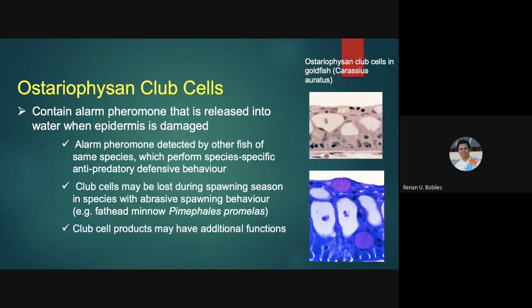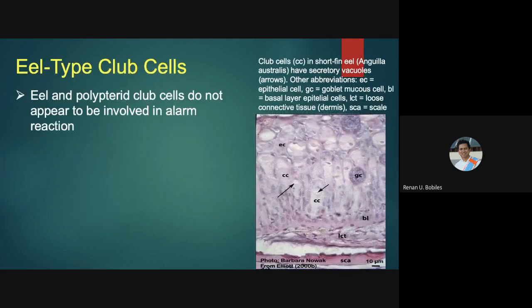Okay. The club cell products may have an additional function. Aside from acting as a pheromone, as a signal to detect predators, it has an additional function.